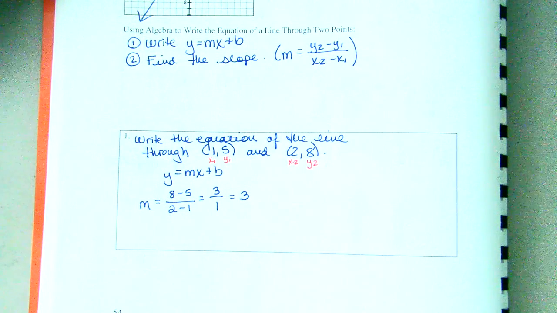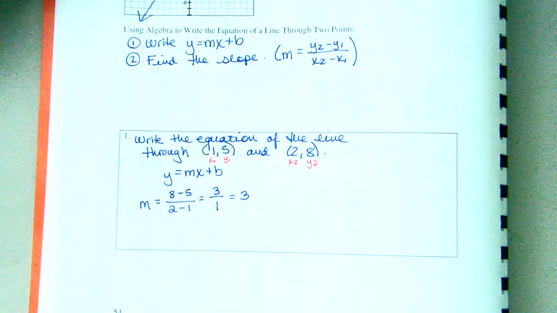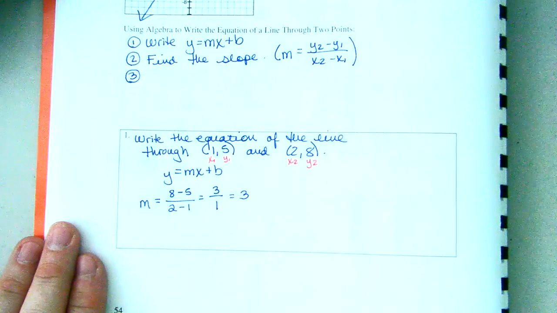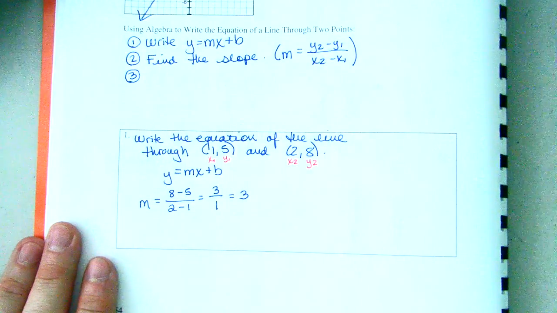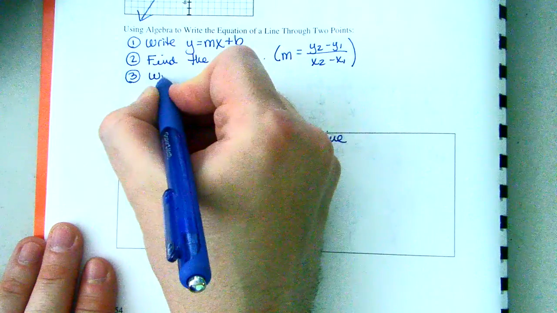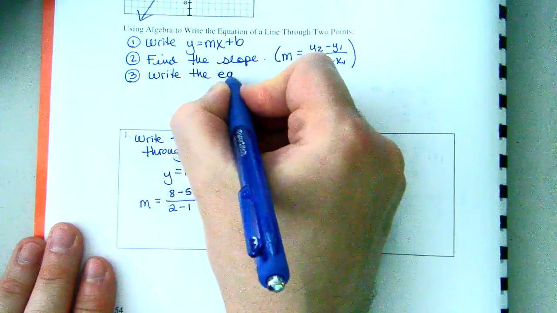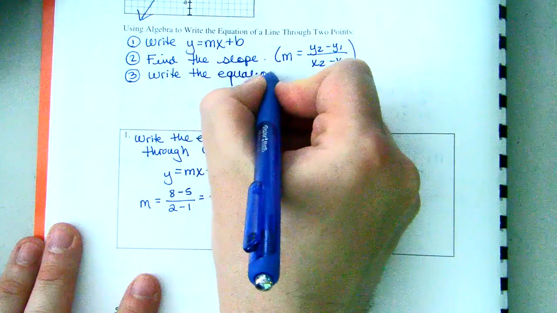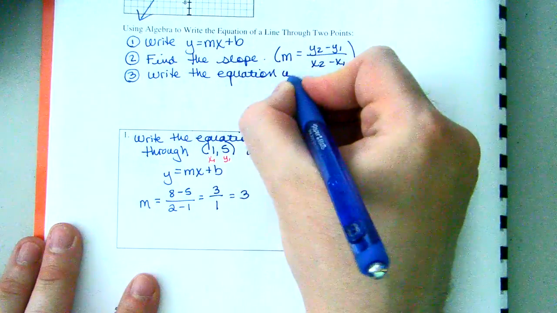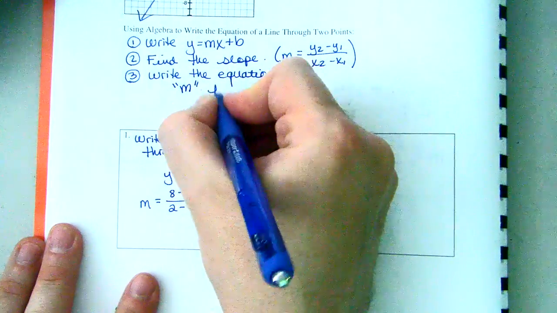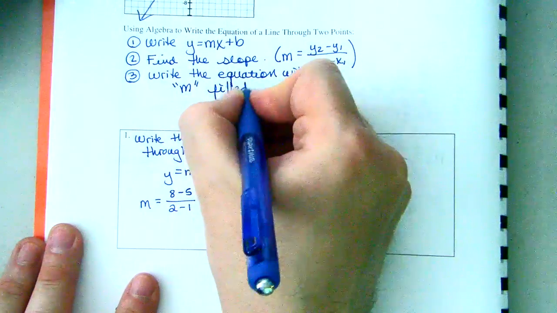Which means I know my equation has got to be y equals, do I know the slope? Now I do. y equals 3x plus b. Step number 3: write the equation with m filled in, because we now know the m.